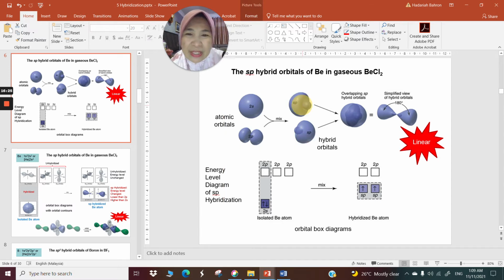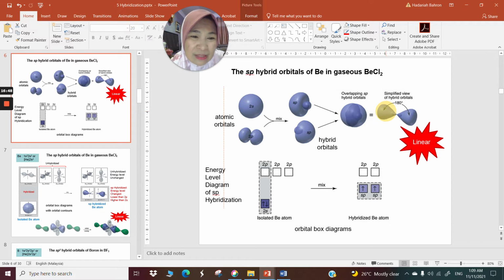So this is the shape of one sp orbital, and that is the shape of another sp orbital. But imagine that this is happening on one atom, beryllium. So this is one and that's another. When you combine, it will look like this, and when we simplify the shape, you are going to have a shape like this.